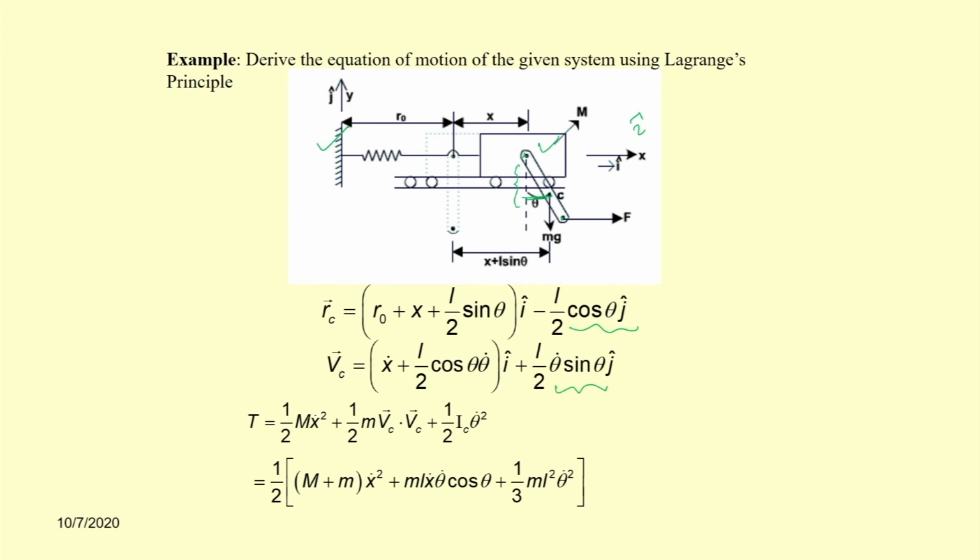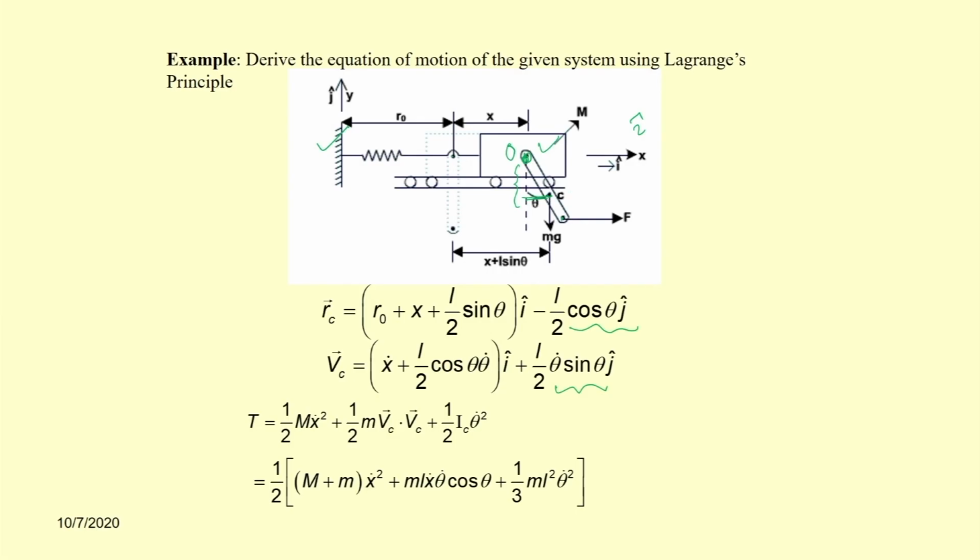is equal to half m x dot square, and for this rod also we need the kinetic energy. The center of mass. Two ways you can find the kinetic energy of this rod: either pure rotation about this point, let me call this point O, or both rotation and translation about point C, the center of mass.